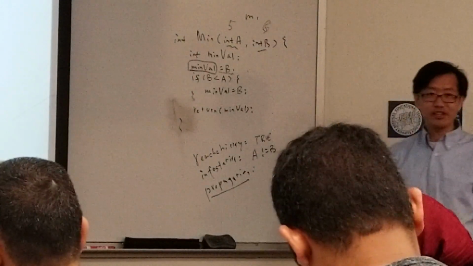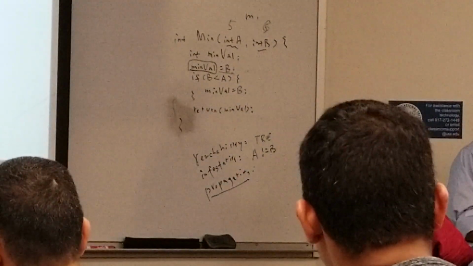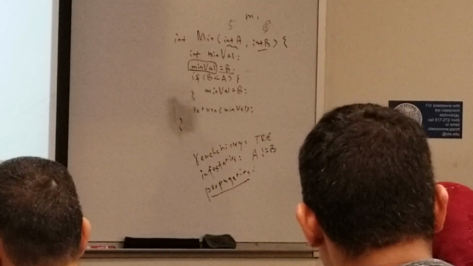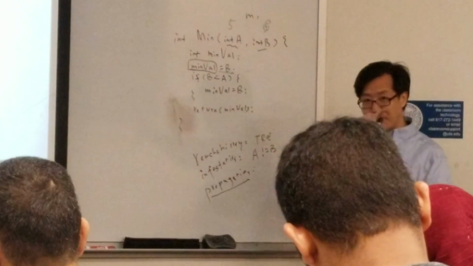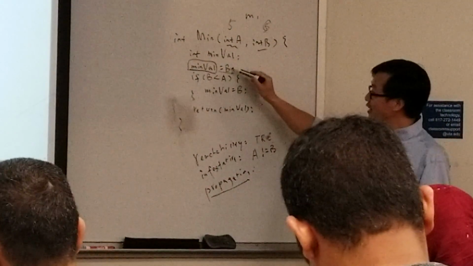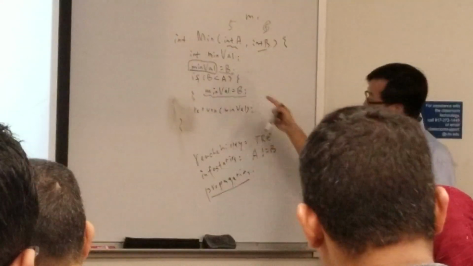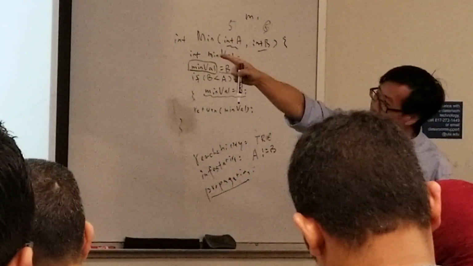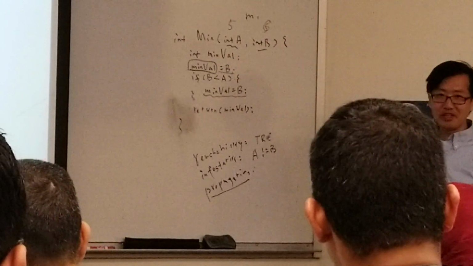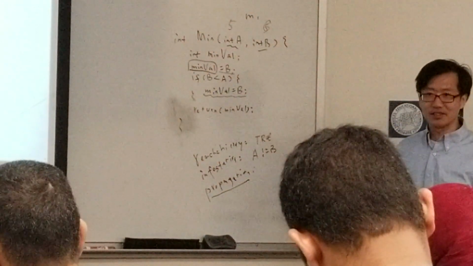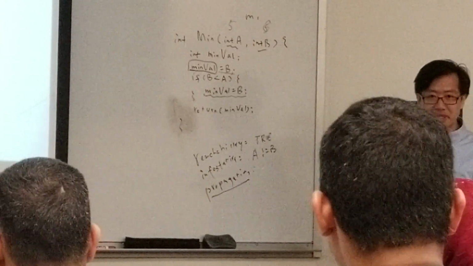Then we have the third condition that has to be satisfied, called propagation. That would be what you just mentioned. At this point, you cannot execute this statement. Because if you execute this statement, the original program is B and this program is also B, so you're going to get the same results. The return value will be the same.